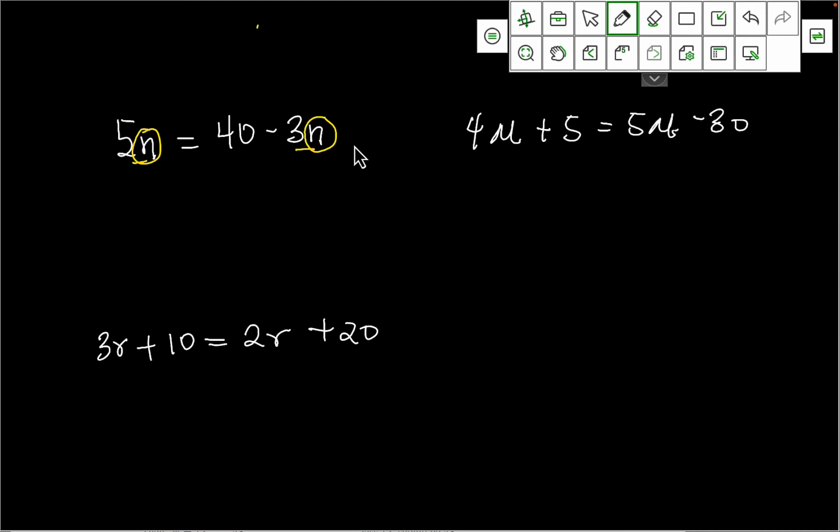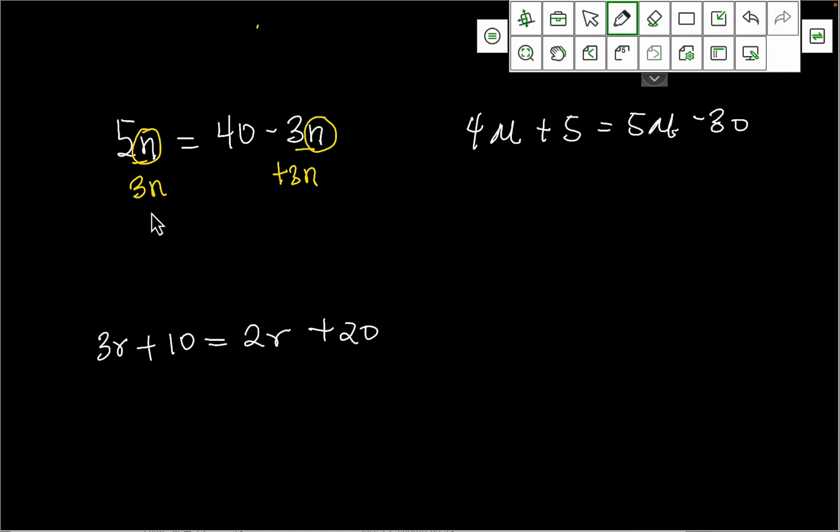So what I want to do is first of all apply my addition property of equality by adding 3n to this side. And the goal of adding 3n to this side is to cancel out this particular term. So I add 3n to this side, and according to our addition property of equality, equal numbers may be added to both sides. So if I've added 3n here, I can also add 3n there.